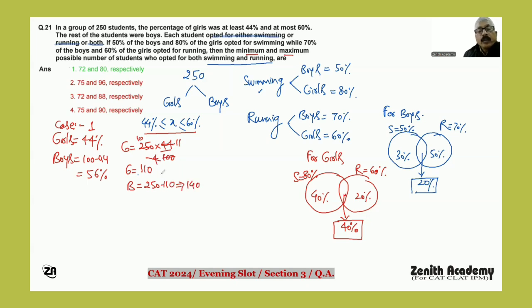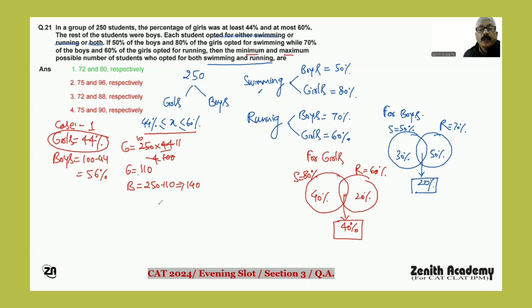Okay, so this is the case when you took girls 44%. So girls 110, boys 140.